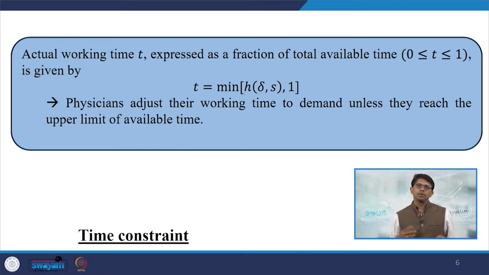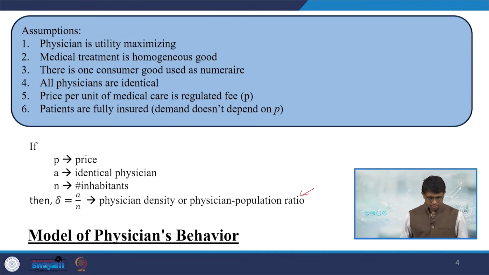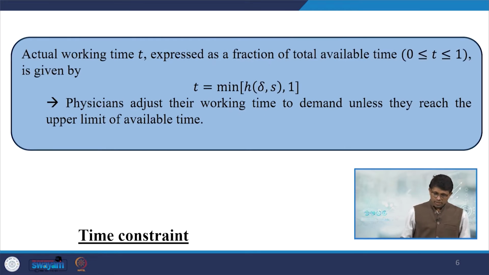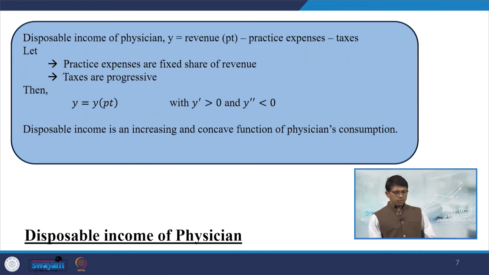We are saying that the optimum time proportion is 1, and out of that, a minimum of H units of time is required for healthcare. And that is precisely a function of the induced content, or the units, and the delta. Delta, we have already mentioned, is the density of physicians, the physician population ratio. So, the time constant we have emphasized.